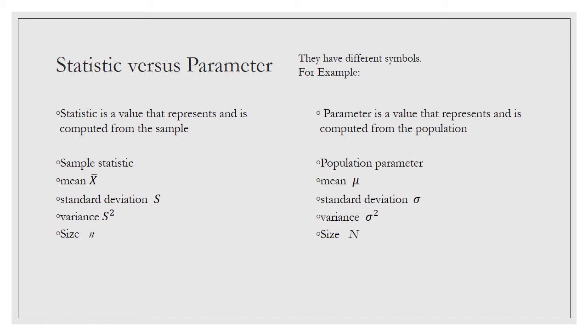Again, they basically mean the same thing, but they represent something different: the mean of the sample versus the mean of a population. You may see a few other examples through our lectures. For example, you'll see lowercase r for correlation, and we'll see a z-score, represented by a z. And later on in our inferential statistics, we'll see a couple of other symbols representing the name of the statistic.